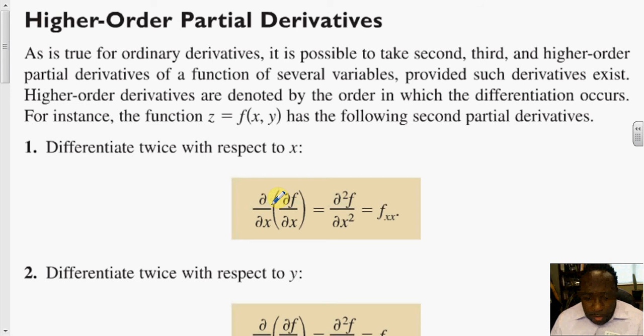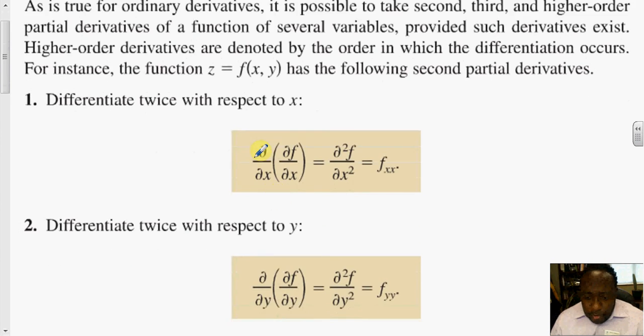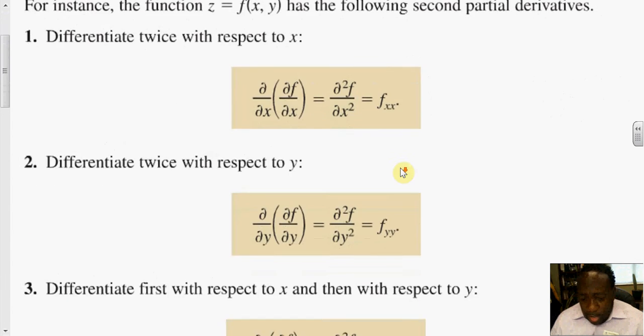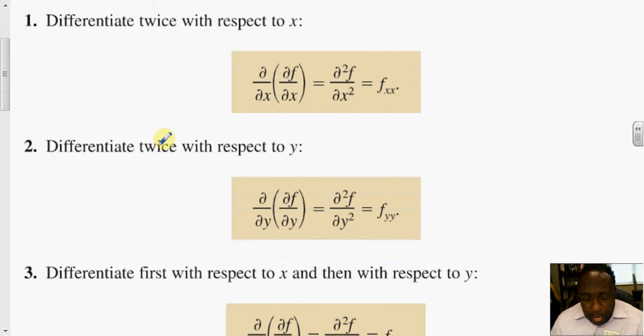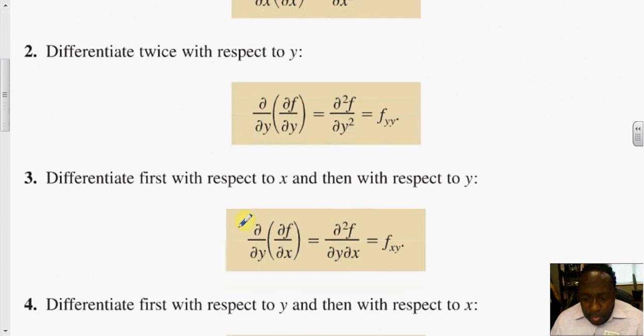So the second partial derivative with respect to x of a function is denoted in three different ways that are listed here. The second partial derivative with respect to y is given in this form. And then the mixed partials: this is the partial with respect to y of the partial of f with respect to x.